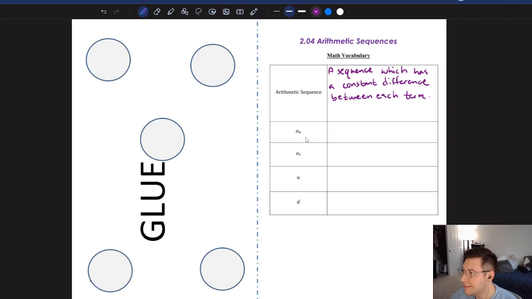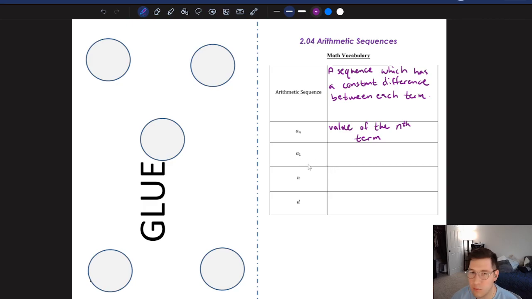And so a sub n is going to be what we call the value of the nth term. It's the value of the nth term.